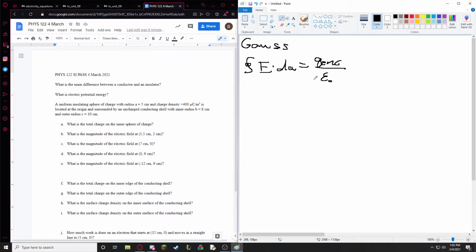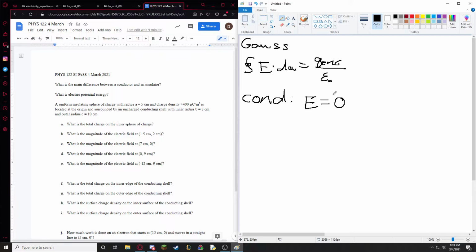For conductors, charges are stored on the outer shells. And so what does that mean about what goes on inside a conductor? The electric field is zero. Exactly. That's the main thing we need to know: for a conductor, the electric field inside is equal to zero, and like you said, the charges get moved to the outside, or to the edges of the conductor, in such a way that the electric field is zero.